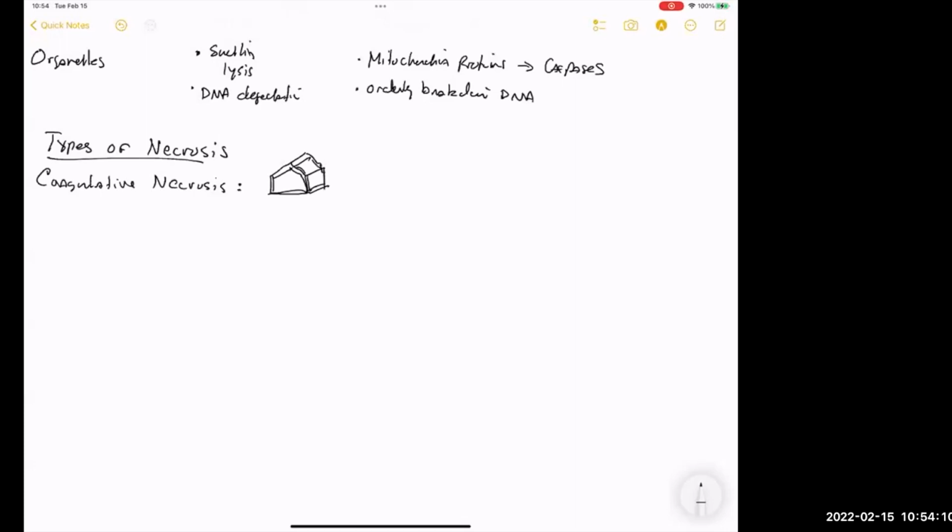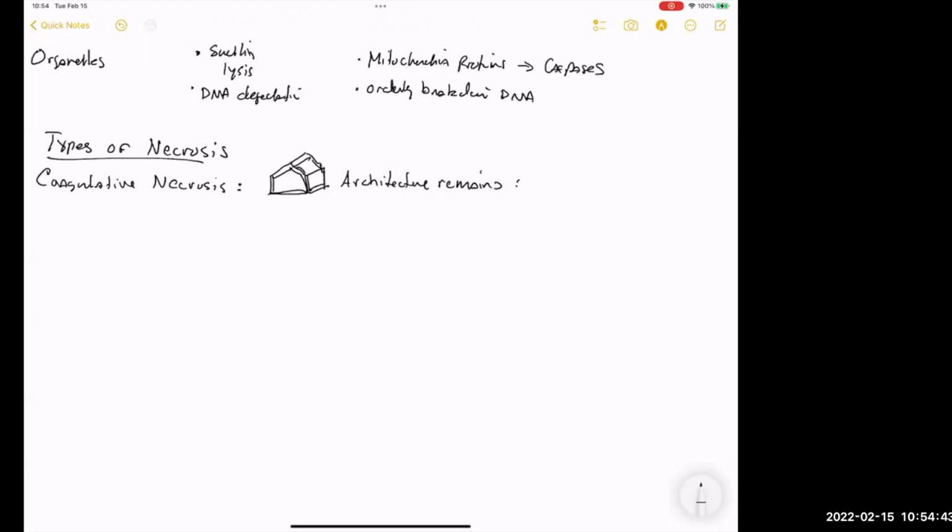So with coagulative necrosis, you have the underlying architecture remains. The bulk of the tissue goes away. All right. And so you have what's called coagulation occurring.